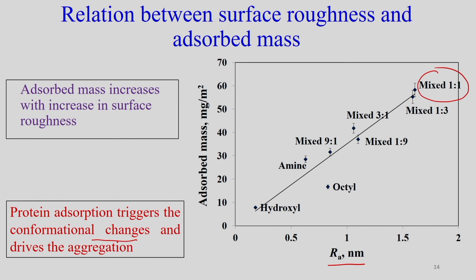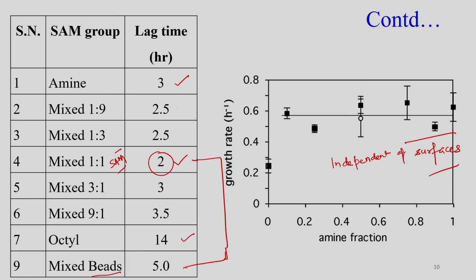So, what it says is the surface which has a higher affinity for the protein will result in more adsorbed amount, and more adsorbed amount means higher adsorption rate, and because of the higher adsorption rate it will have the shortest lag time. So, the aggregation process will start quickly on that particular surface.